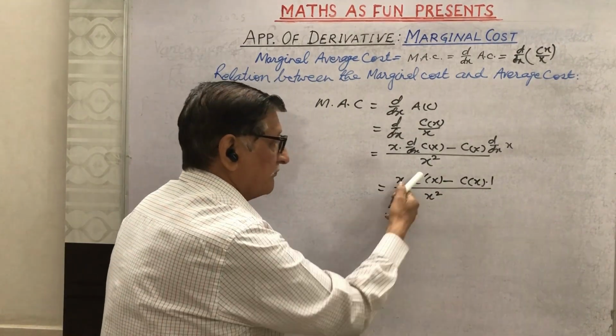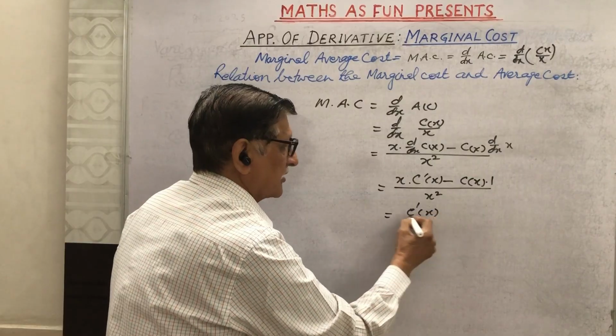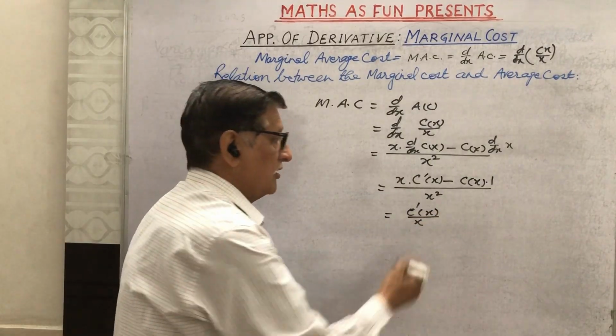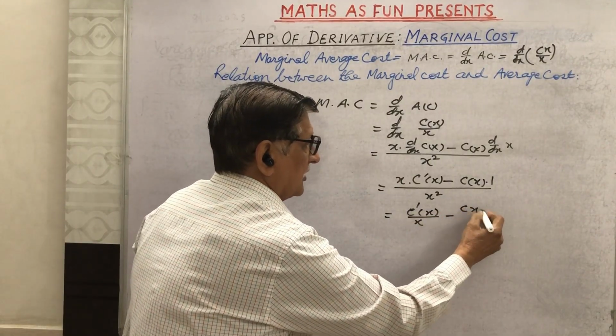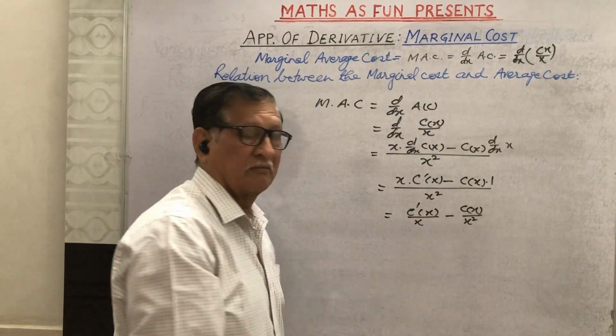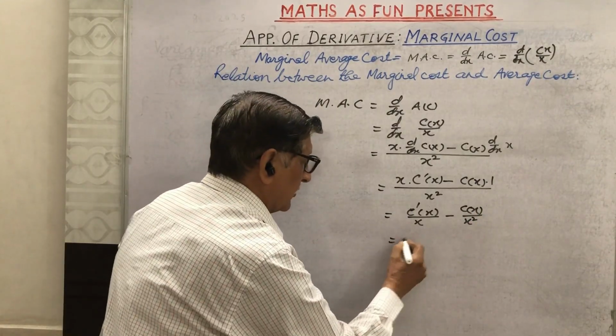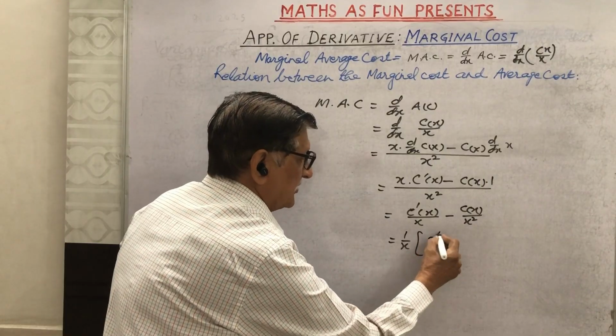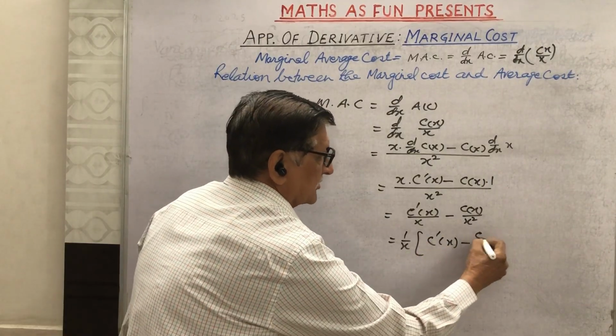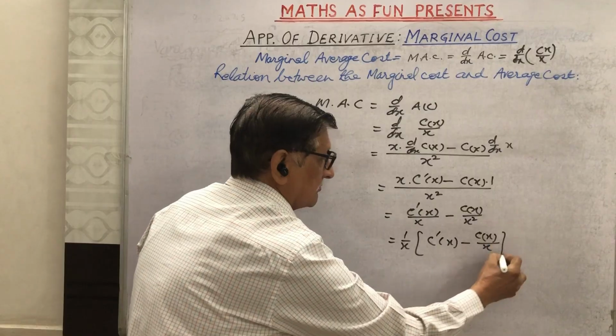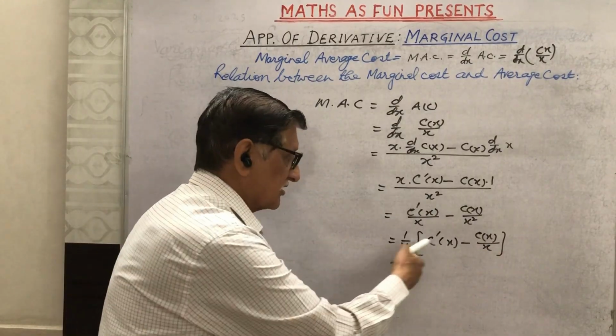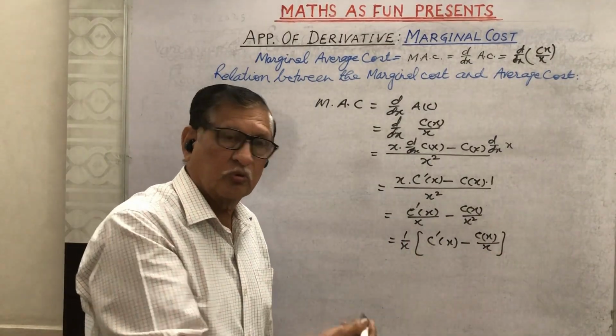Can we say that this is equal to C'(x)/x minus C(x)/x²? If we take 1/x as common, it will be C'(x) minus C(x)/x, all multiplied by 1/x. What is C'(x)? That is the marginal cost.